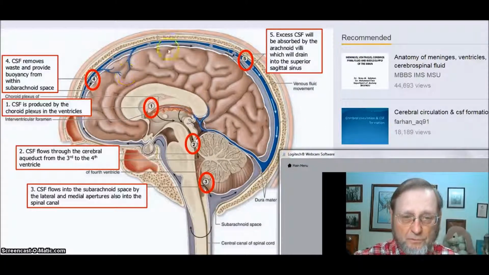So that's this part of the circulatory system. It's very important, because if this doesn't happen, then you can have permanent damage, and we're going to talk about that.